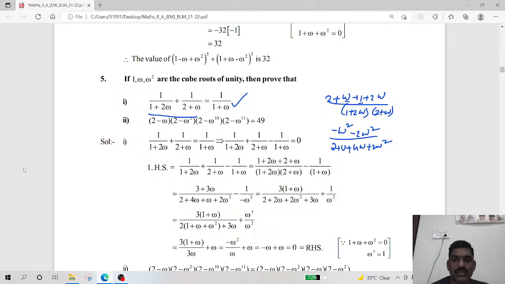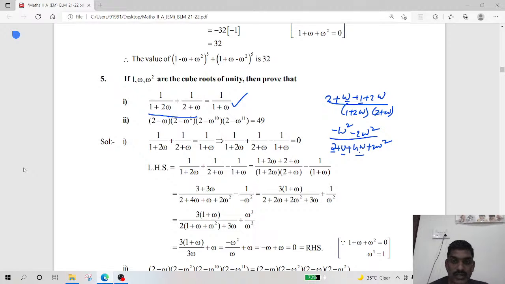So here 2 omega square is there and 2 is there, right? 4 omega is 2 omega, 2 omega. Then 2 if we take out common, 1 plus omega square, that is 0. Then finally what is left? Here omega and here 2 omega left. From this omega is left and from this 2 omega is left. And this is what? Minus 3 omega square.